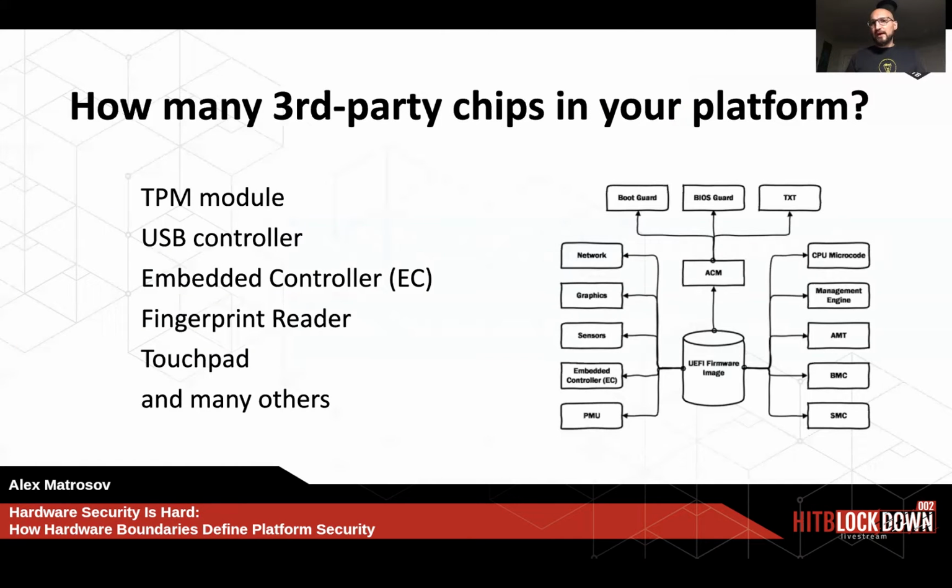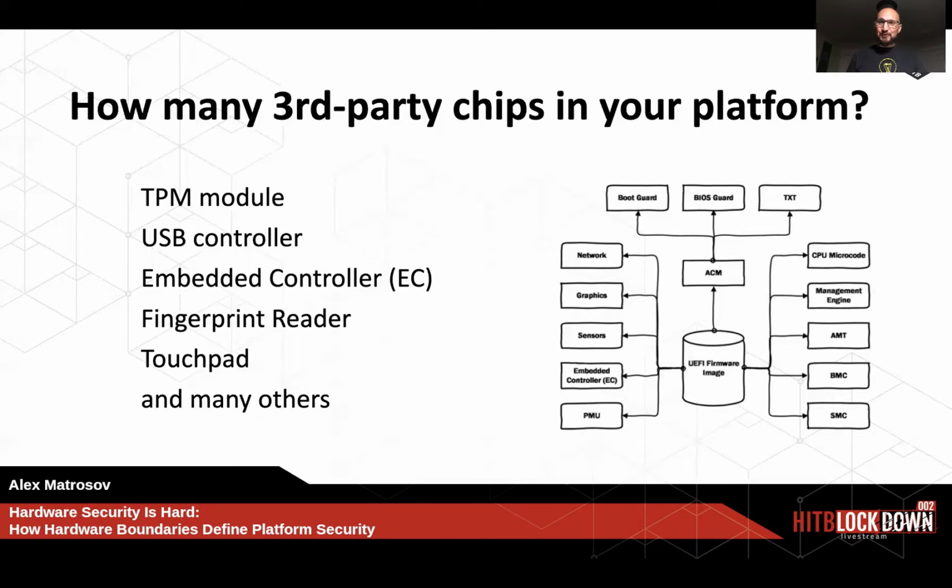But how many third-party chips are in your platform? Actually, it is a lot, because we have a TPM, USB controllers, embedded controllers, fingerprint devices, touchpads, and many, many others. And all these devices have firmwares. That means the firmwares can be updatable or not updatable.